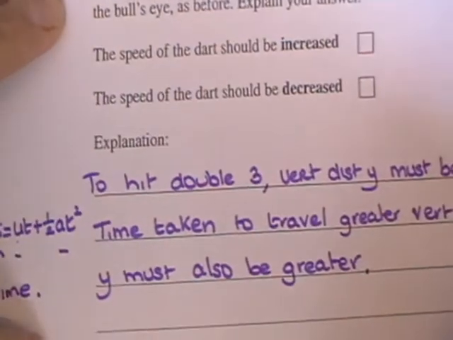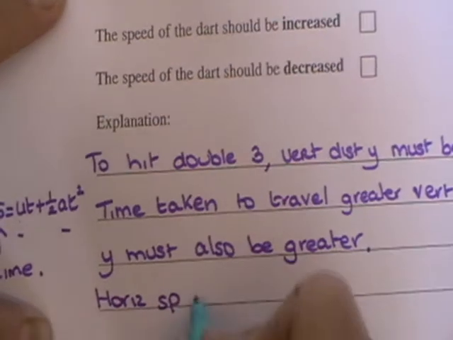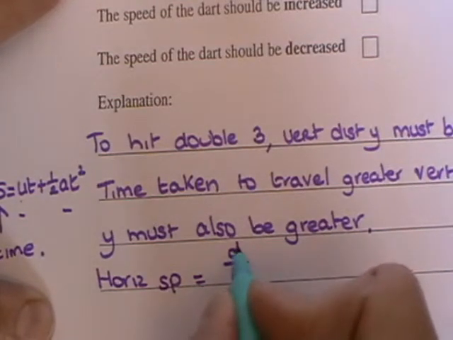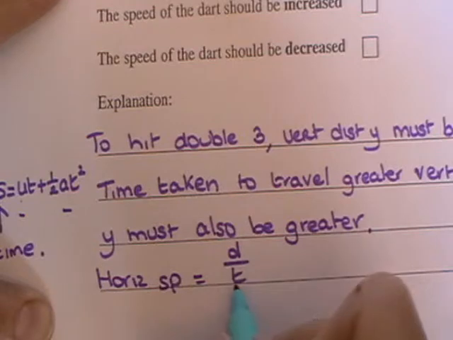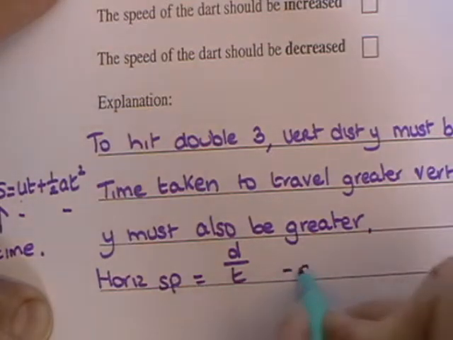And then since the horizontal velocity depends on the distance it travels over the time, and this is a horizontal distance which is 2.37 metres, it's staying the same, and this time is greater, then the horizontal speed must be smaller. So the speed must be smaller.